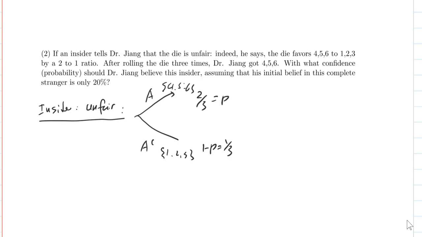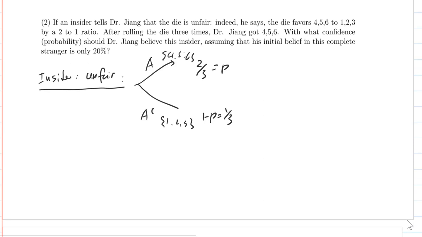So if you read on, we have the following problem. With what confidence probability should Dr. Jiang believe this insider, assuming that his initial belief in this complete stranger is only 20%? This means the following.